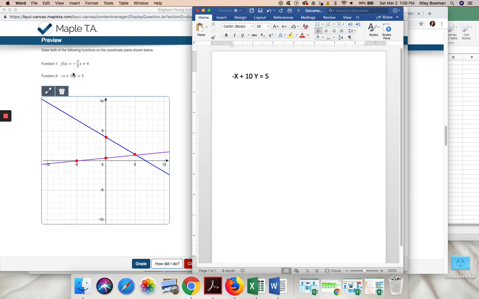But this way I can solve this for y to put it in slope-intercept form by adding x to both sides because it's a -x here. So add x, and I still have the 10y here, and then I'm going to add x to this side.